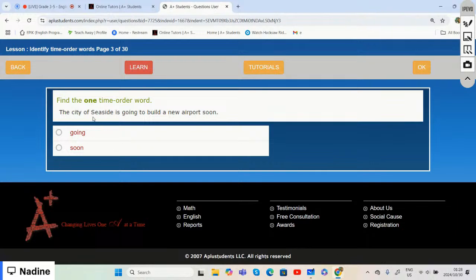The next one says, find the one time order word. It says the city of Seaside is going to build a new airport soon. So the city of Seaside is going to build a new airport soon. What is our one time order word? Is it going or is it soon? Which one is correct?